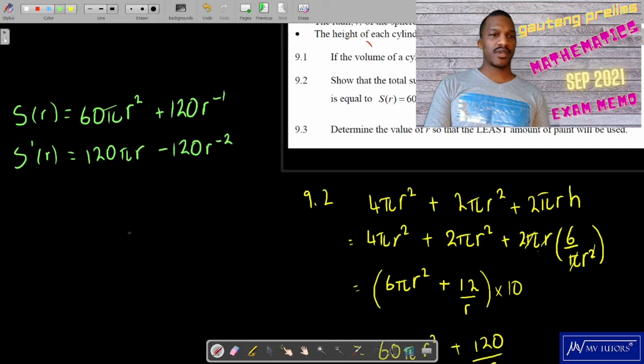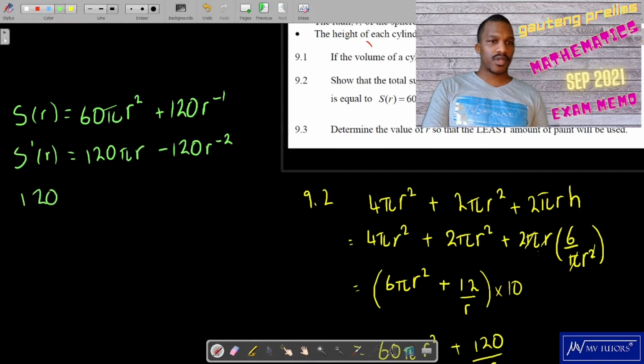determine the least amount. So now what we're going to do is solve for r. We're going to equate this to 0, so it's going to be 120 pi r minus 120, I'll put it underneath, r squared equals 0, and then I need to solve for r.